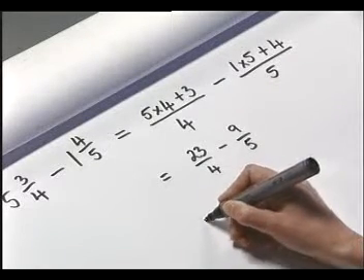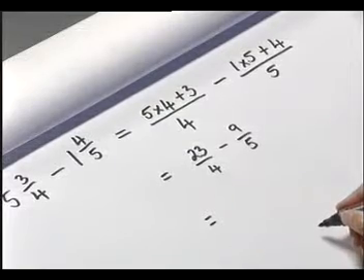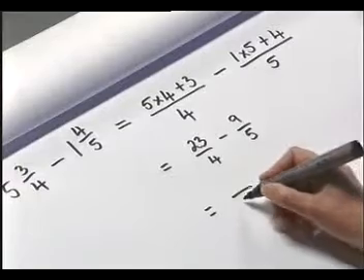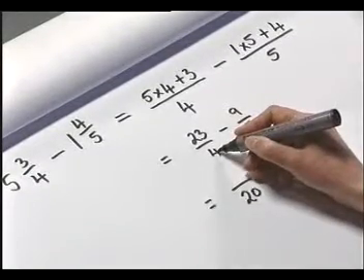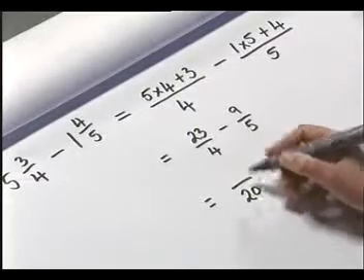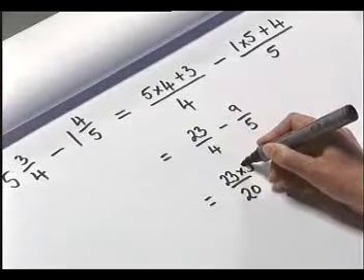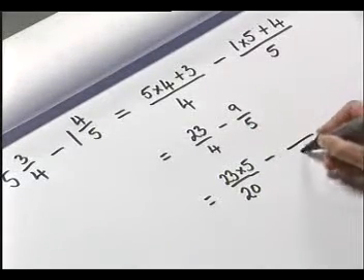Now we need to find the common denominator of 4 and 5. Well, as we found before, that's 20. What have we multiplied 4 by to make 20? That's 5. So we have to have 23 times 5, take away our 20ths.